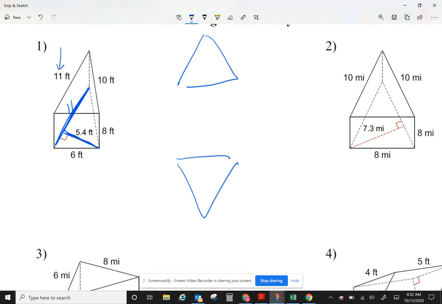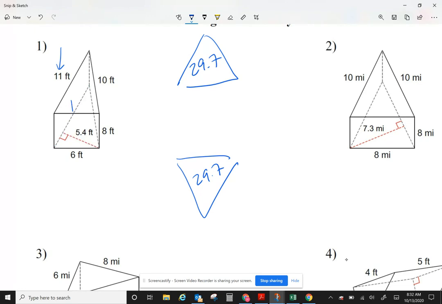So I'm going to go 5.4 times 11, and I'm going to divide my result by 2. That gives me that each triangle in this case is 29.7.